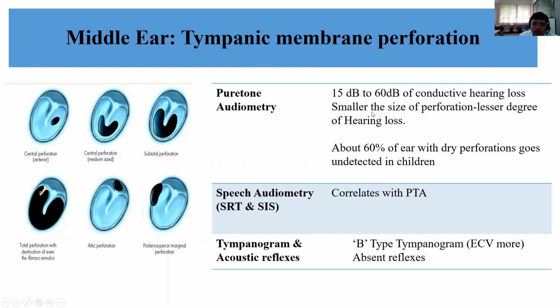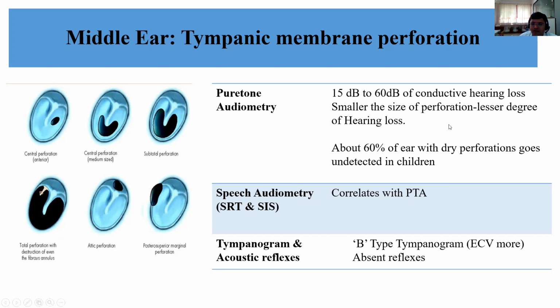And depending upon the size of the perforation, smaller the size of the perforation, lesser is the degree of hearing loss in general. However, the degree of hearing loss varies between 15 dB to 60 dB of conductive hearing loss in perforated cases. It is also observed that about 60% of EO with the dry perforation goes undetected in children.